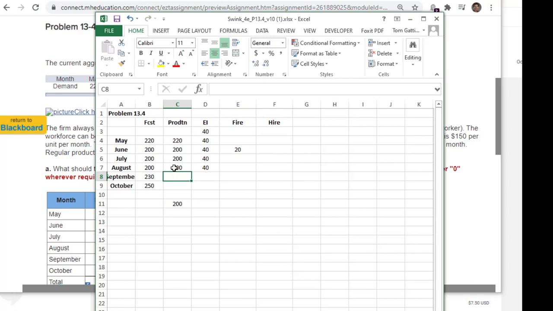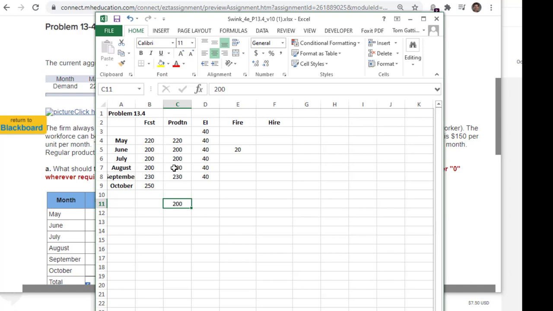Now we roll into September, and it looks like we can sell 230, and since we want to begin and end the month with 40 units of inventory, of course we need to make 230. We're capable of making 200 right now, so we need to ramp our production up by 30.